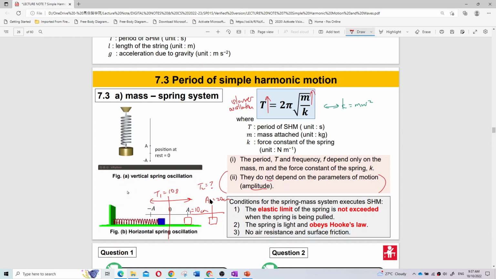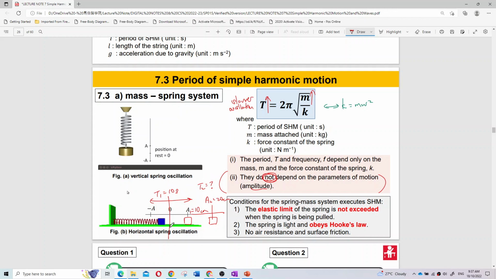What is the period? If I now extend to 20 cm and let it oscillate, what is the period of oscillation?